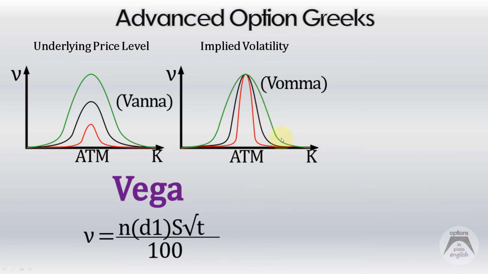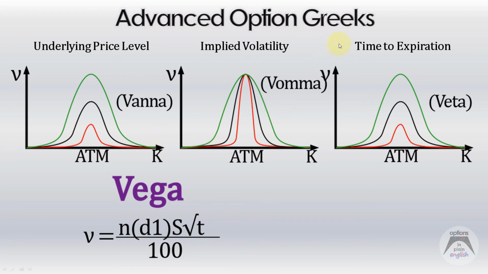And depending on where your strike price is, it determines how much your Vegas are going to be affected by implied volatility being higher. As it goes higher, it lifts up the values of the Vegas, but only for out of the money.